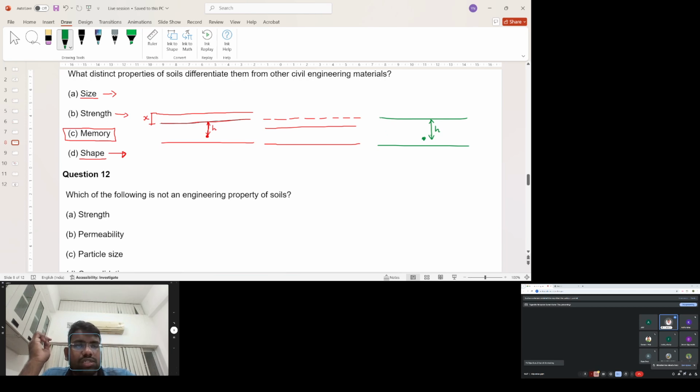The first situation is you are adding a particular layer of soil above it, let us say X. This is the first situation. Listen carefully. The second situation is that we are removing some amount of soil from the existing thickness, right?